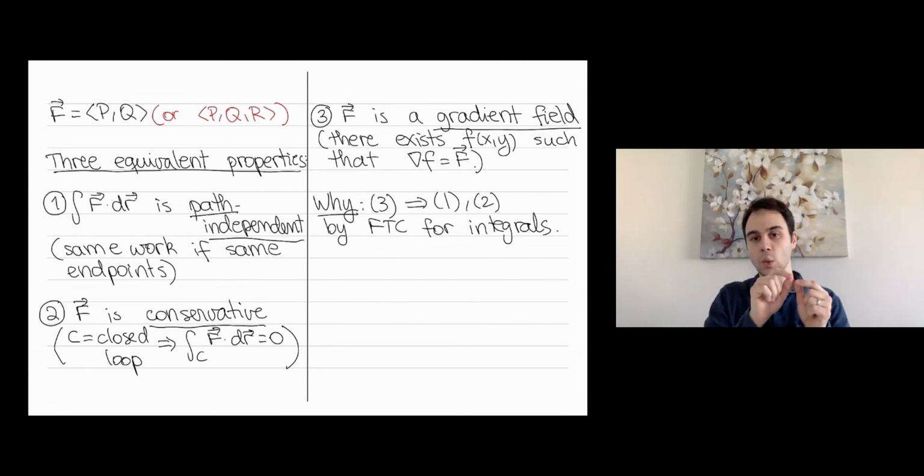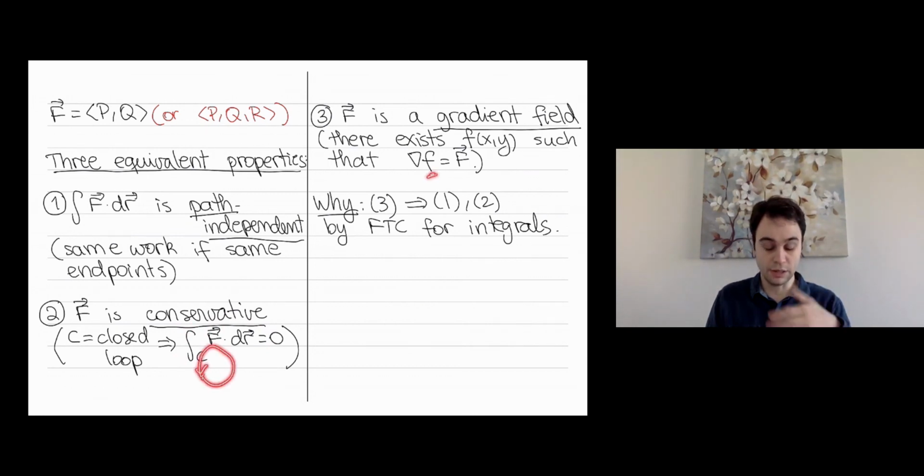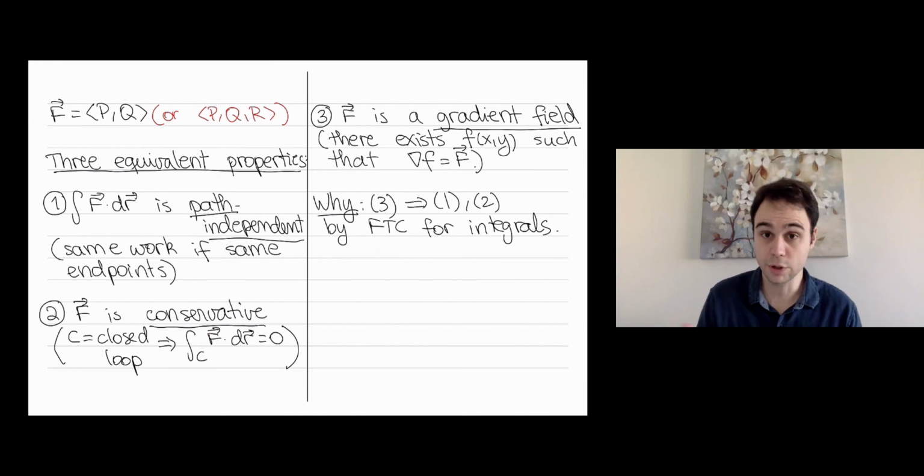So when I evaluate the integral, I'm going to get the function little f at the starting point minus little f at the end point, or rather the other way around. But in any case, I'm going to look at the difference of values of f at the same point, and so it's going to be 0, right? The value of the function is determined by the point.